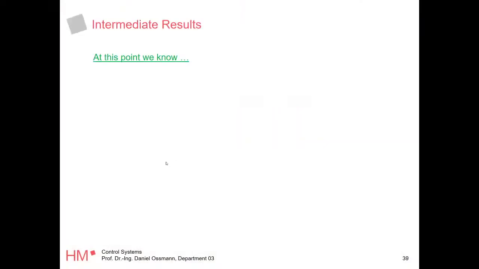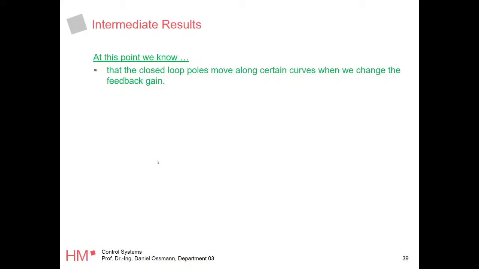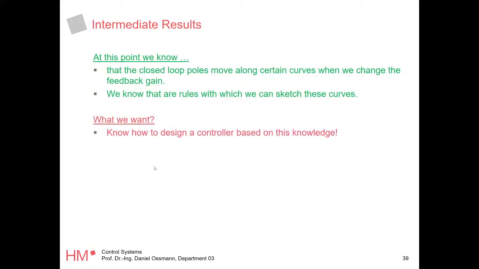Okay, but let's see where we are. We know that the closed loop poles move along certain curves, which are the root locus curves, if we have proportional feedback. And we know at this point how to sketch these curves, right? These were the examples we had before. What do we actually want now? We want to design a controller based on that, right?